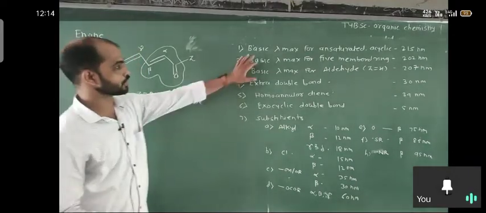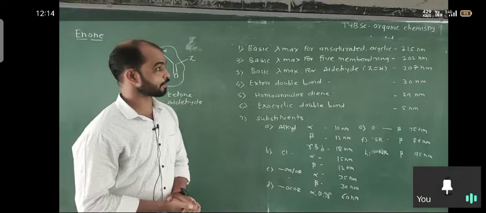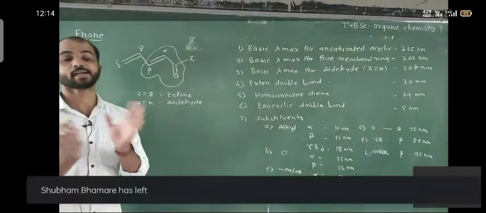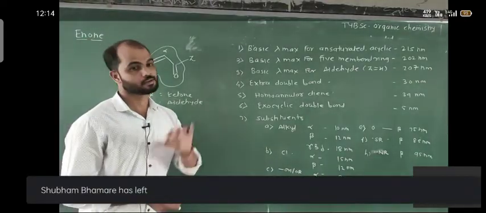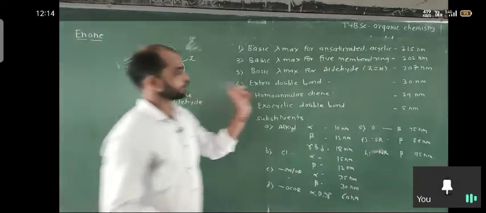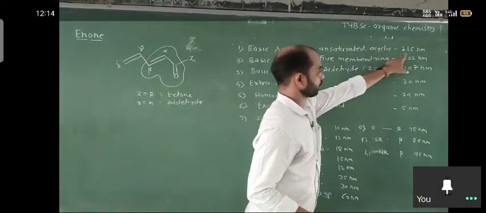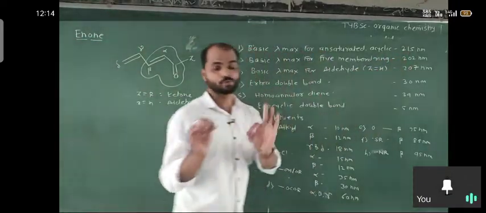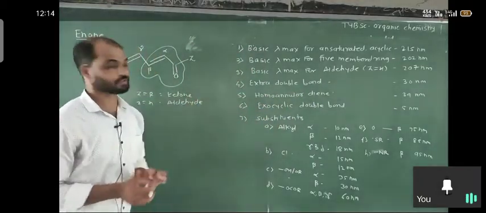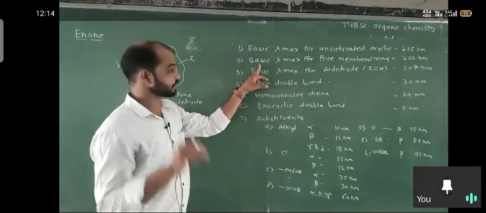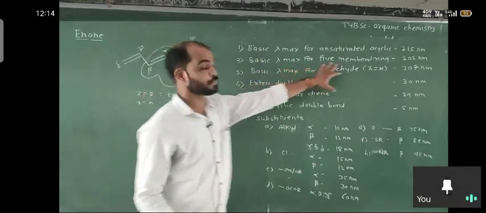So first rule is given to you. Basic lambda max for unsaturated acyclic compound, the value is 250 nanometers. So this is the first value. Second basic value is given. Basic value for 5-member ring.